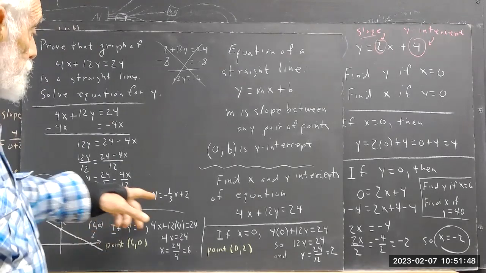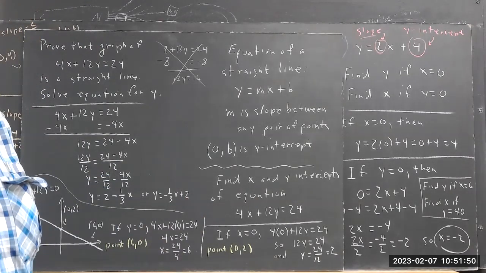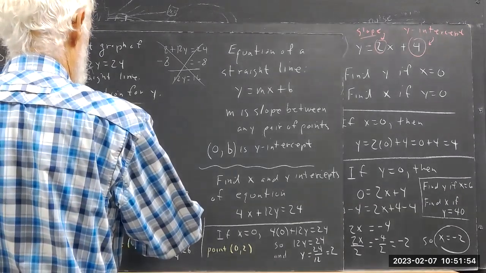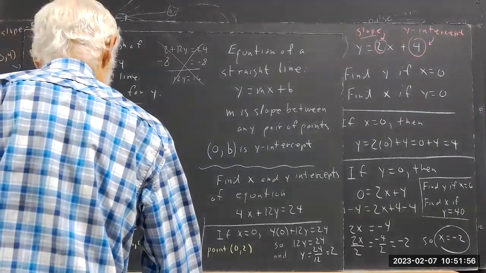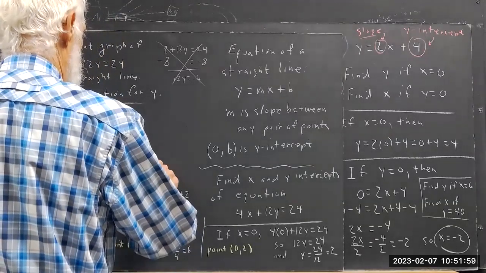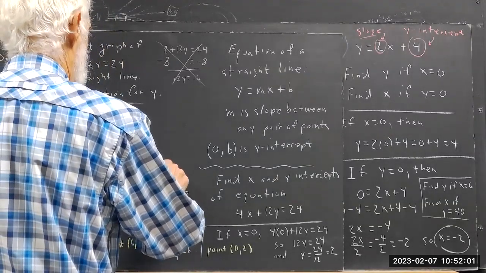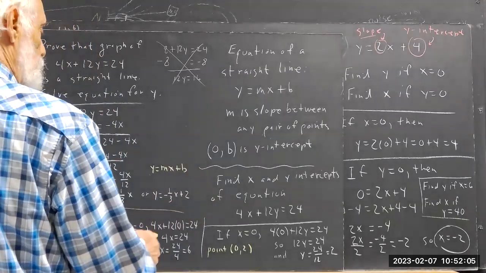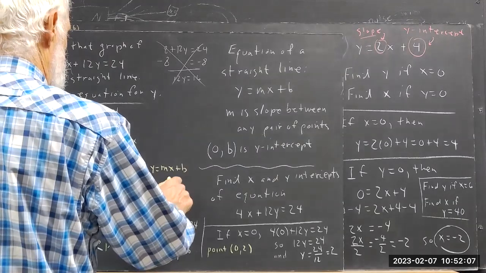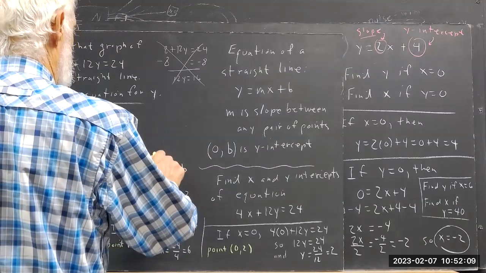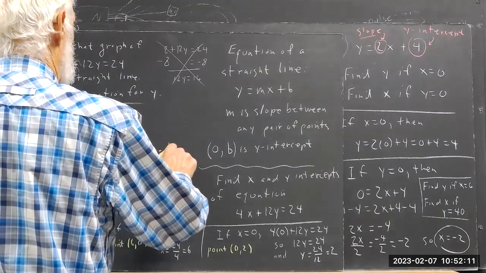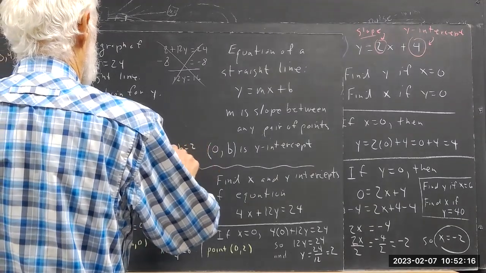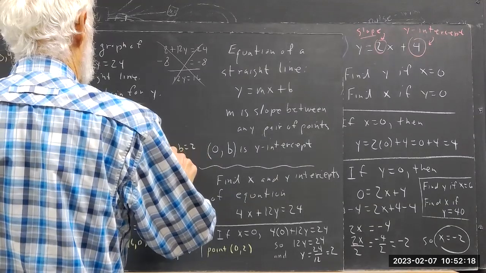I would say y is negative 1/3 x plus 2. And here's m. It's y equals mx plus b. M is negative 1/3. And b is 2.